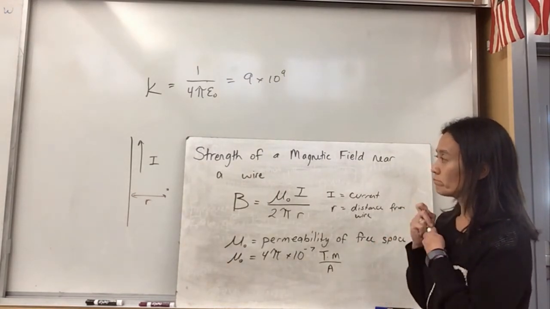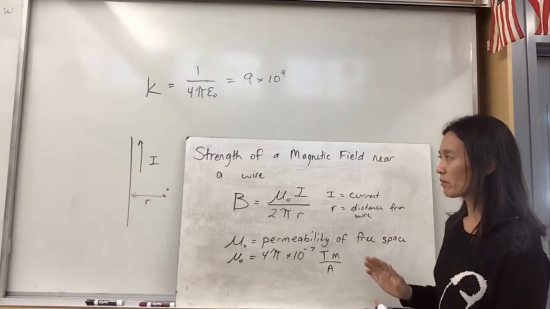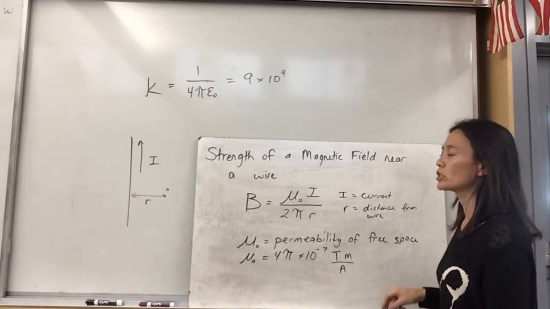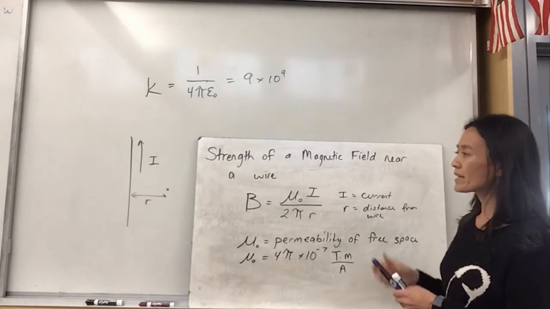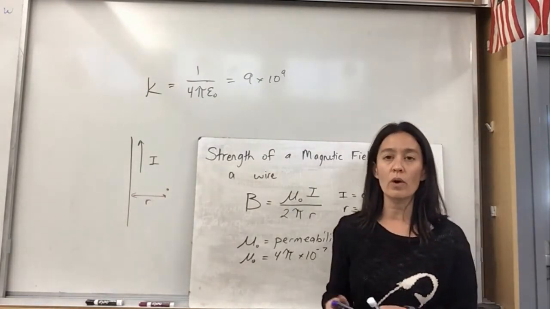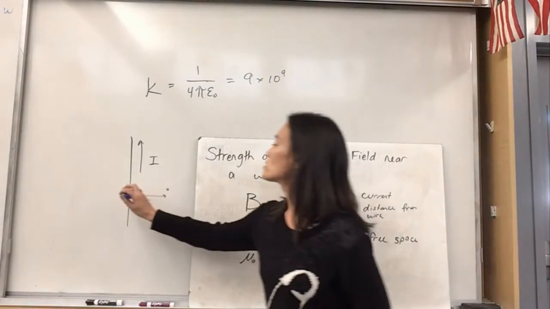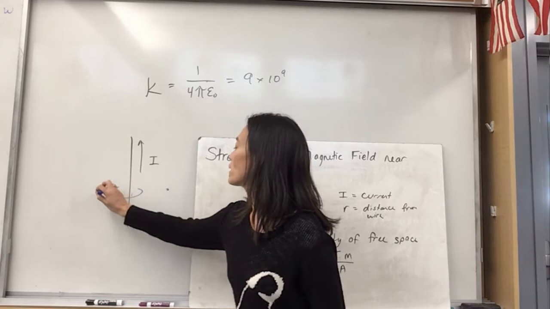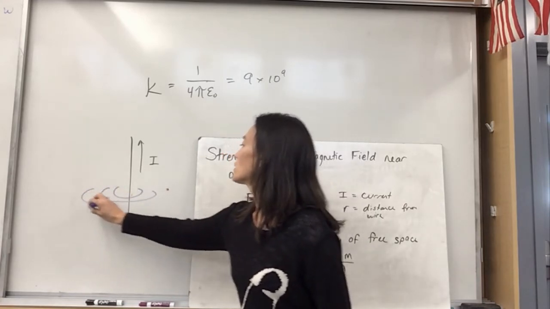So now I want to talk about what the field looks like, and I'll show you an animation in a little bit. I said that the magnetic field around a wire forms these concentric circles, so I'm going to get rid of my r value here. It is as if it's going around this wire.